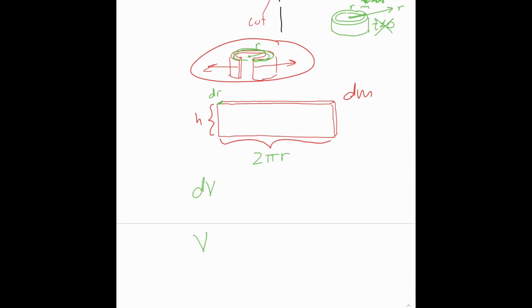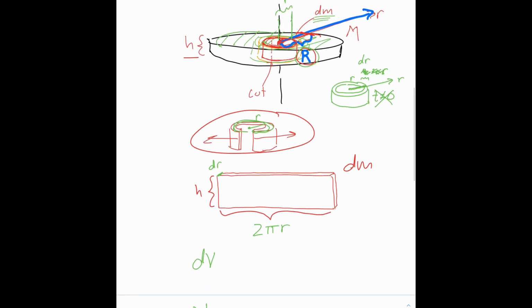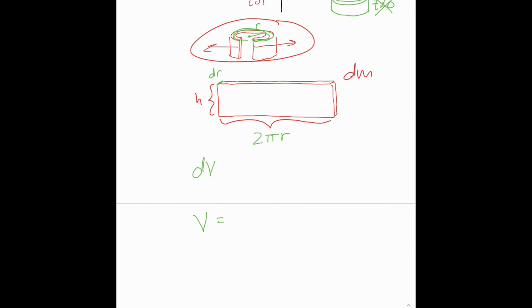The total volume of the entire disk would be what? The surface area times the height, and the surface area is pi capital R squared. So the volume is pi R squared h. That's the volume of the whole disk.